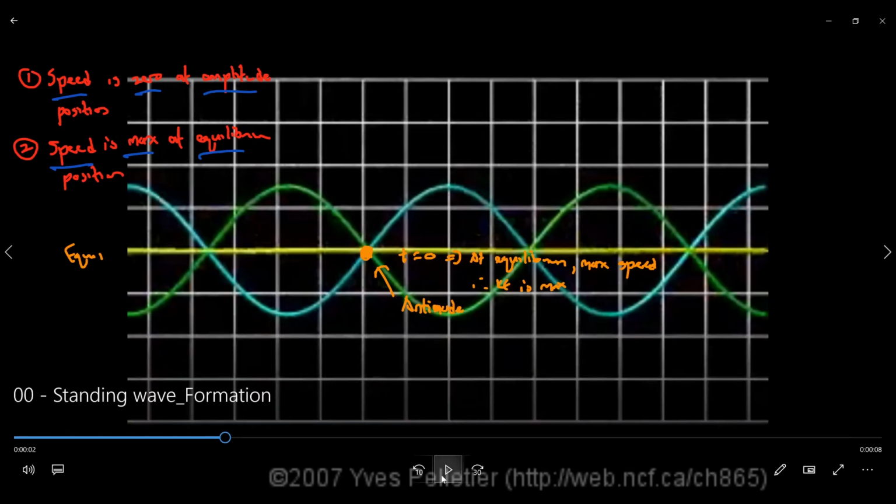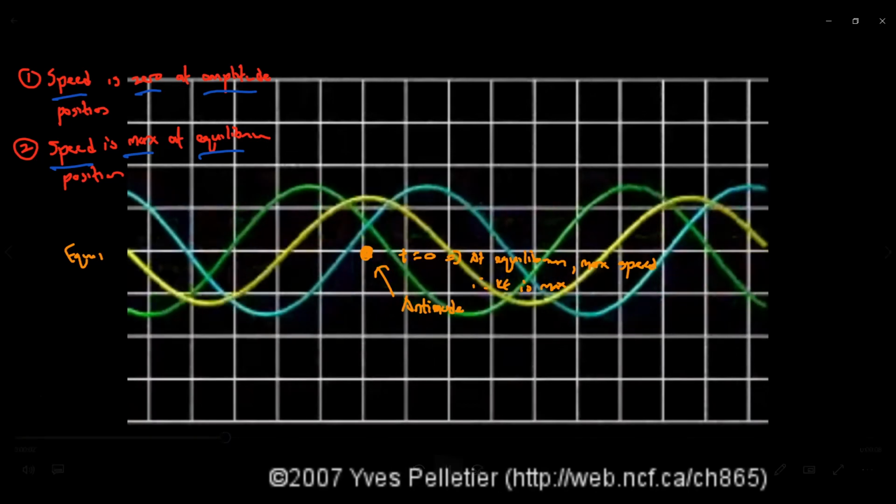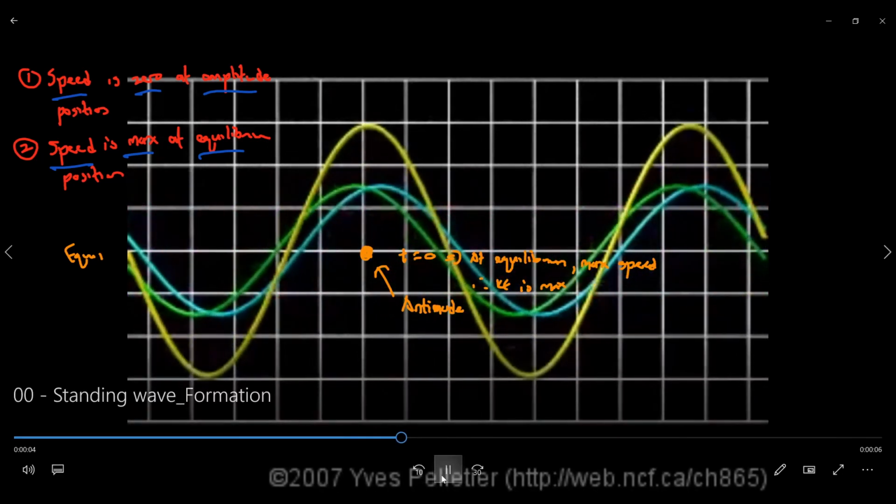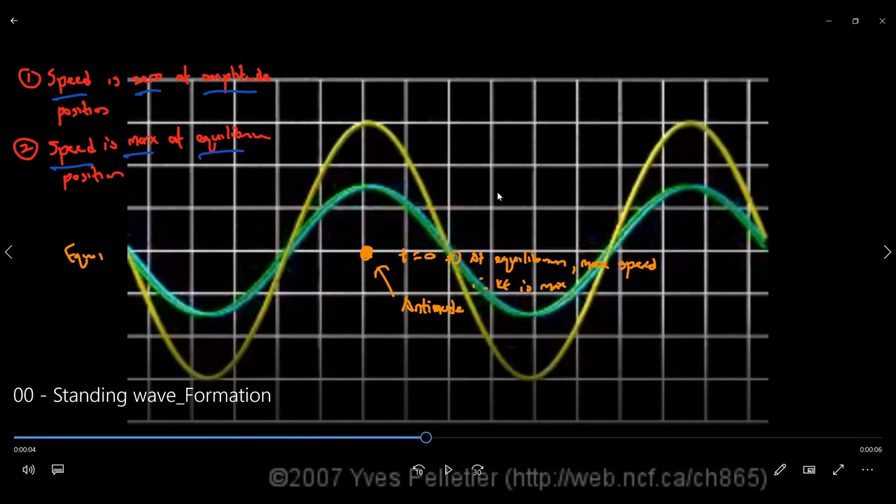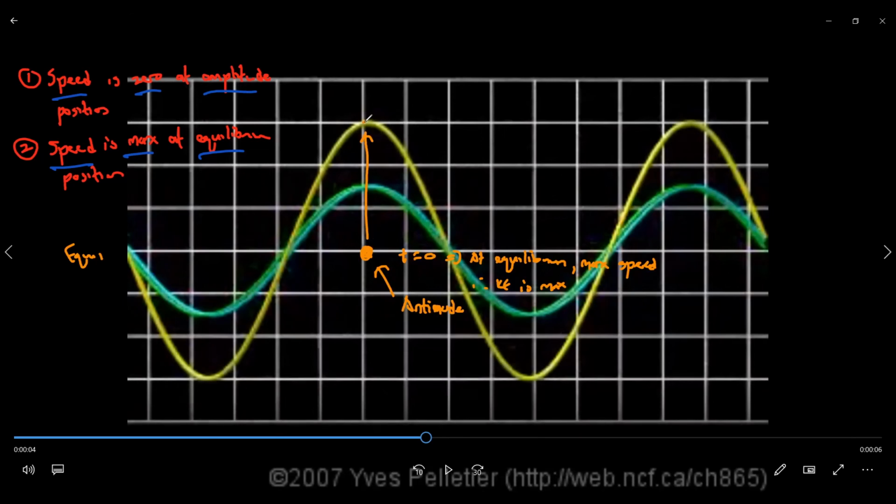Then from the analysis in part 1, you know that at 5 milliseconds, it will go all the way up to the maximum possible displacement, right? This is the new position at t equals 5 milliseconds. So this one is already at amplitude, so 0 speed.